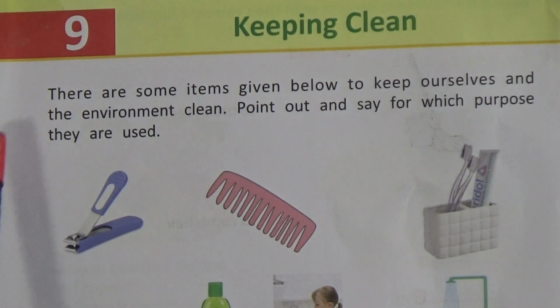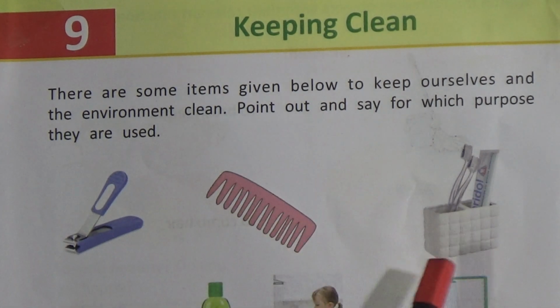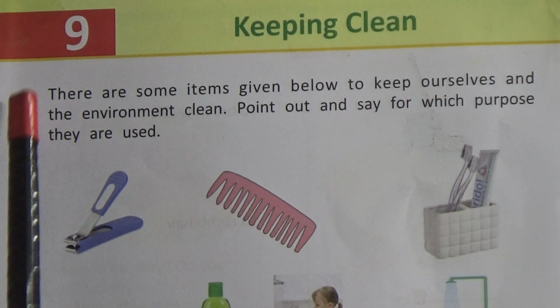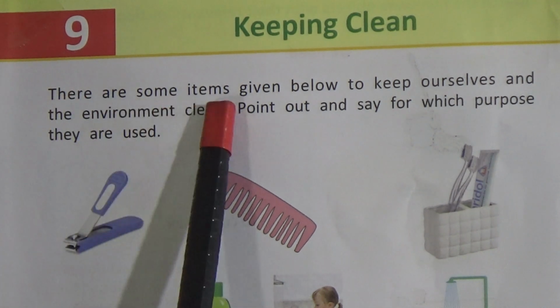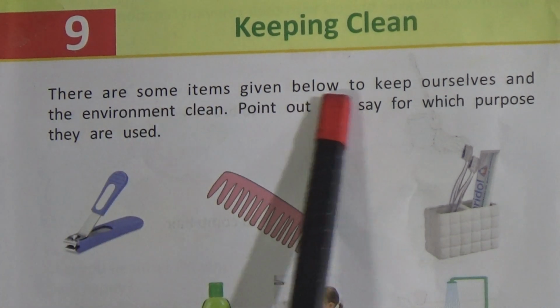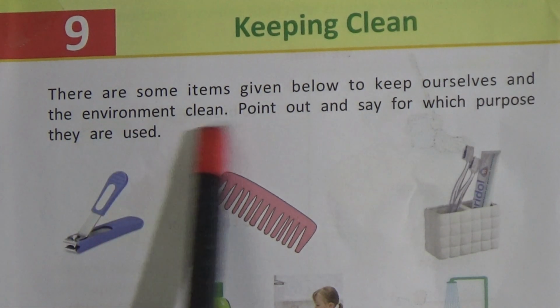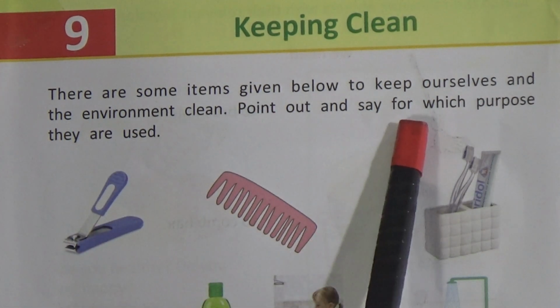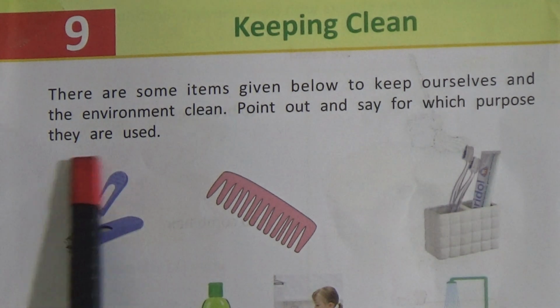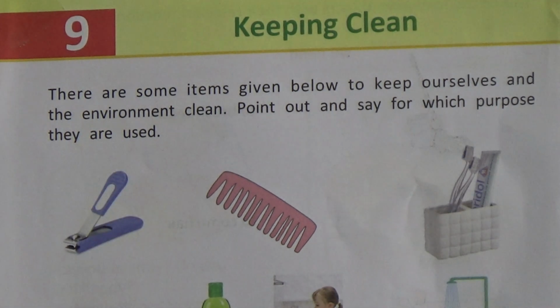Look at this page, here are some images. Here is written, there are some items given below to keep ourselves and the environment clean. Point out and say for which purpose they are used. Among these pictures, the first picture is a nail cutter.